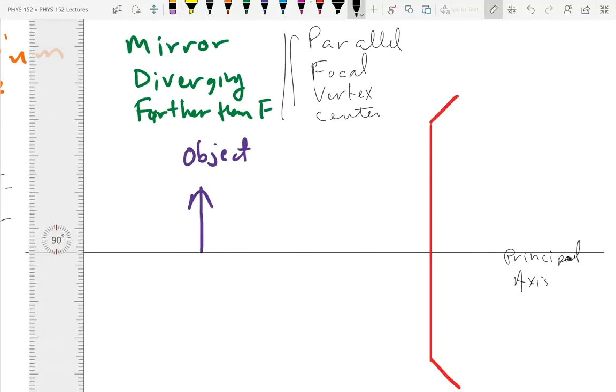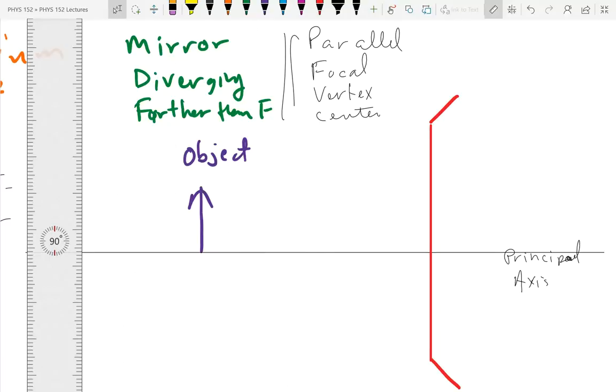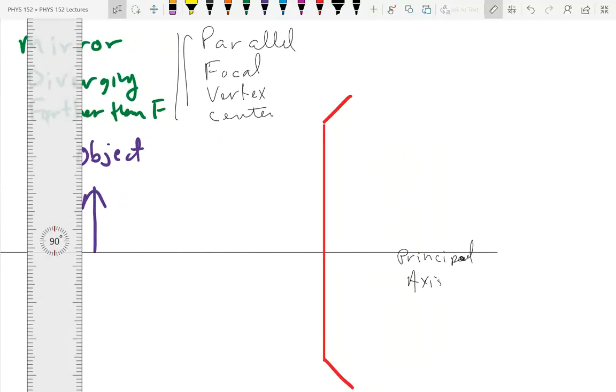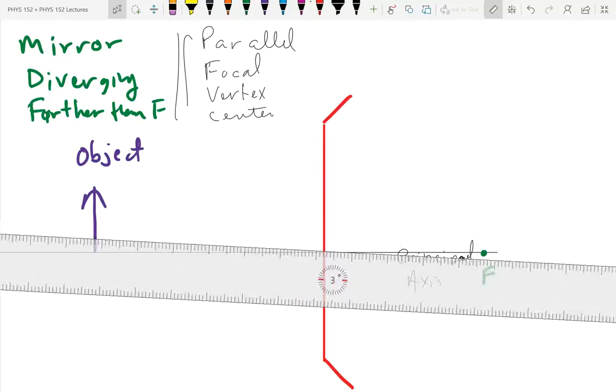There's one more thing I need, and that's the focal point. Where's the focal point for a diverging mirror? This time I was quicker. Brandon is giving me the signals, and he's correct. Here's the focal point. If that's the focal point, let me actually be somewhat accurate here.